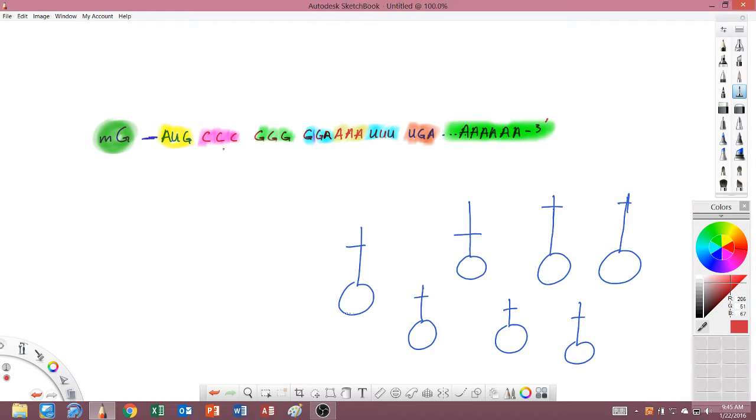So the anticodon on this one is, let's say, GGG. Here is CCC. UUU. AAA. If you find anything abnormal, let me know, okay? So I'm going to try to do things so that, see if you can spot it. UGA. Or ACU. UAC.